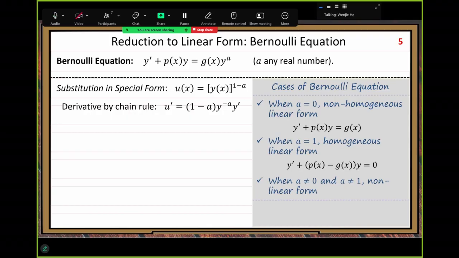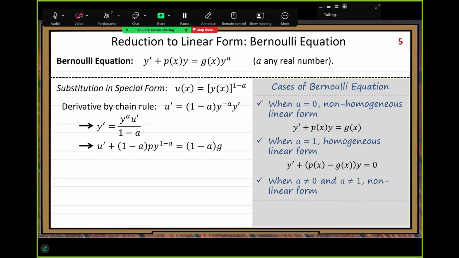Then by chain rule, multiply y prime. Now, before you plug in, you want to write y prime equals a certain representation.